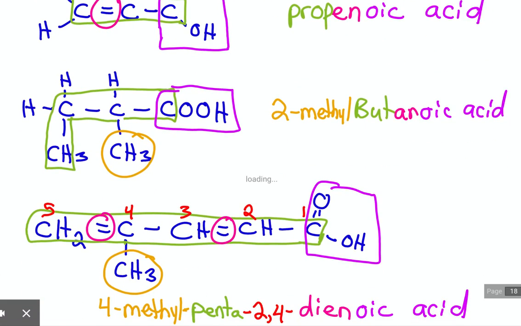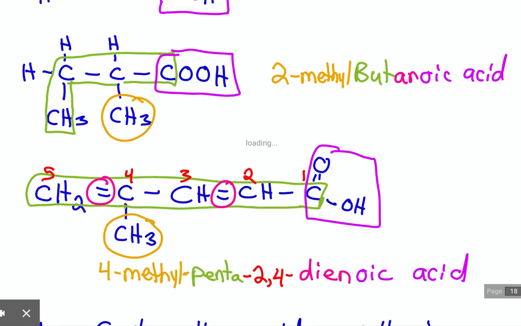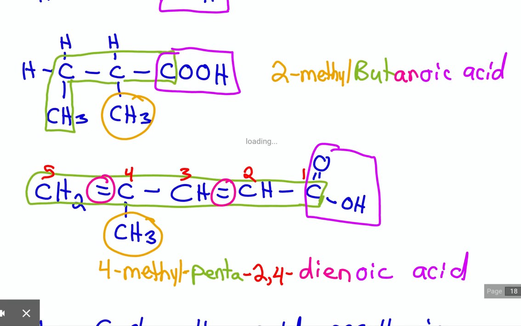And then here is a slightly more challenging one because we have double bonds. I want you to note that the carboxylic acid takes position number 1 here. Okay, so it becomes carbon number 1. And so 2, 3, 4, 5. So that gives us our penta. And we give the position of our double bonds. So penta-2,4-di-en for 2 double bonds.